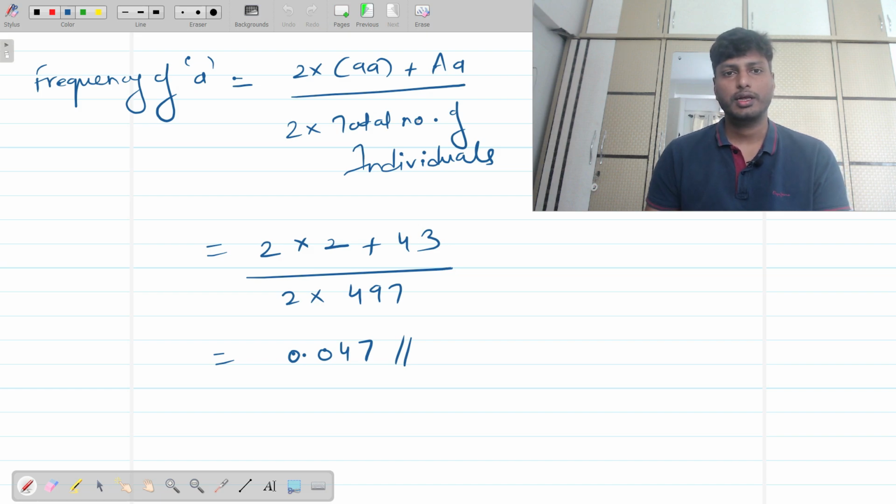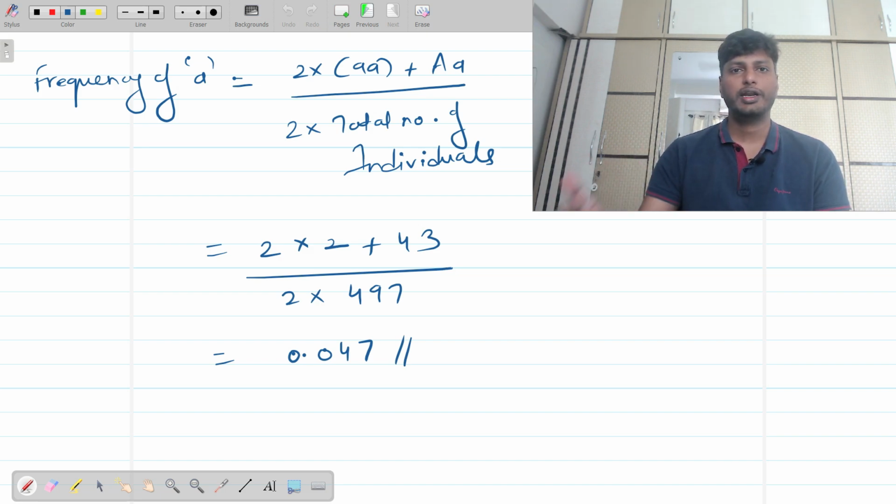So either way you can calculate the frequency of the allele. One method is by finding out the frequency of homozygous individuals and heterozygous individuals, and then adding the frequency of homozygous individuals plus half the frequency of heterozygous individuals.